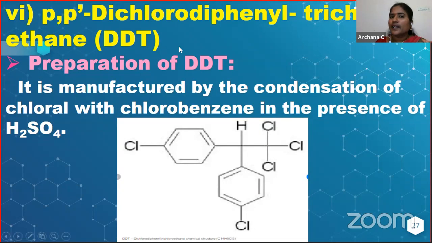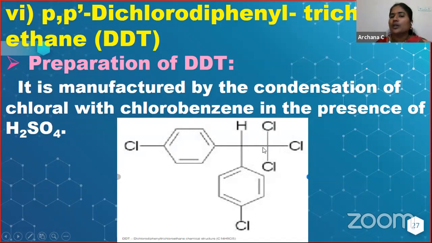Dichloro diphenyl: how many benzenes are there? 2, so they are phenyl groups. Therefore para dichloro diphenyl. And how many carbons are there? This is 1 carbon, this is 1 more carbon, so 2 carbons.